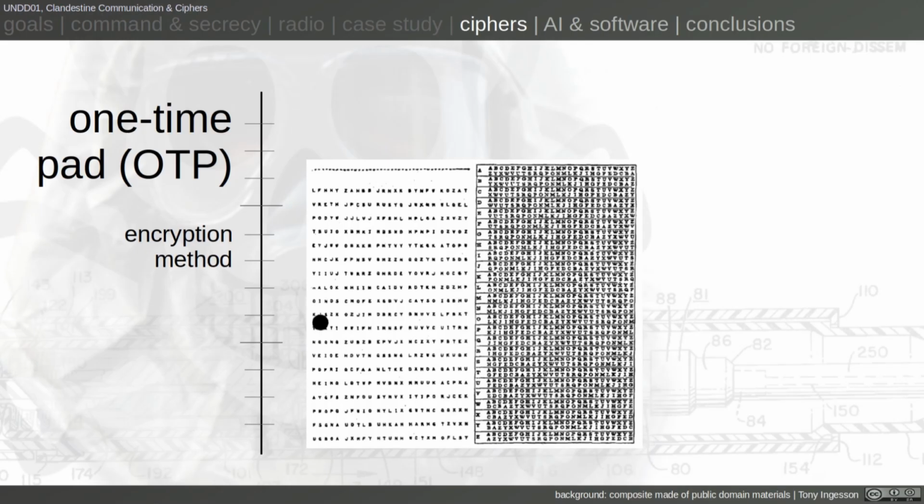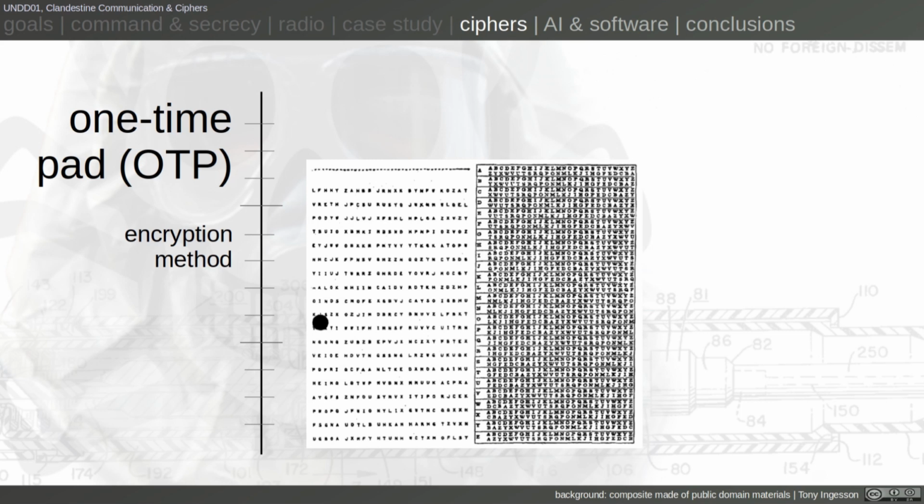There is, however, another kind of encryption, also using pen and paper, that is much more secure. And this is the one-time pad, or usually known as the OTP. As you can see here in the illustration, a one-time pad is typically comprised of a number of letters or numbers in a series like this.